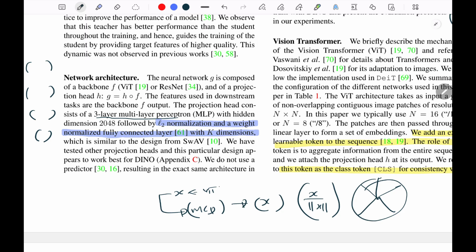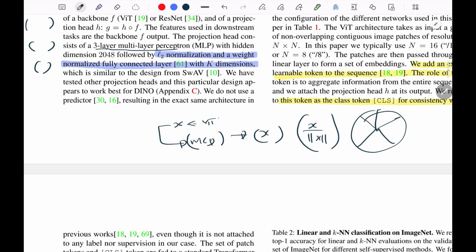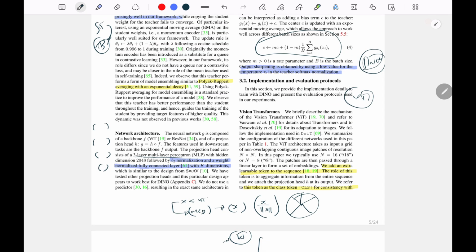After the L2 normalization, they are actually multiplying by a linear W. So this W is also special. I will come to why that W is special: this W is also a normalized W, in the sense that the weight matrix, even though it's a linear layer, is normalized.